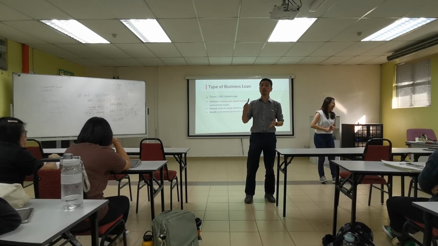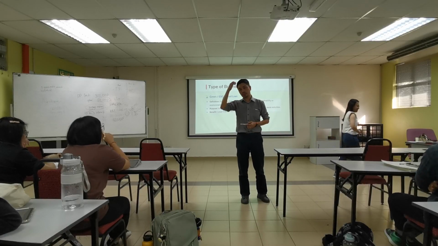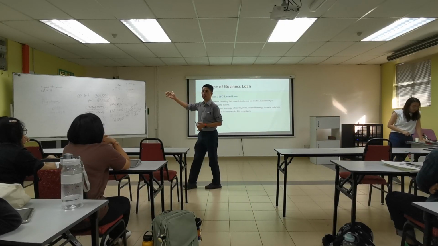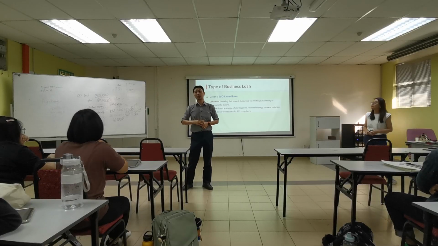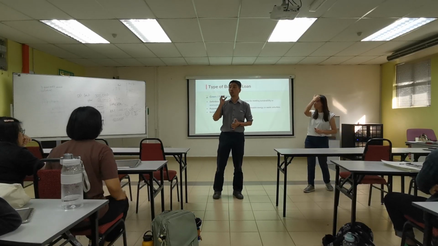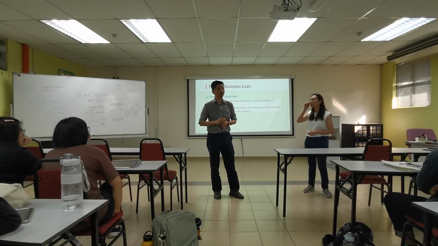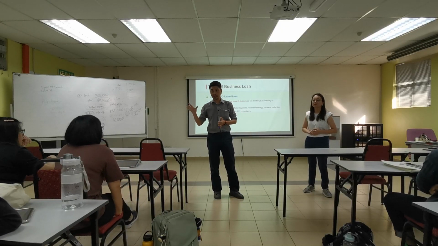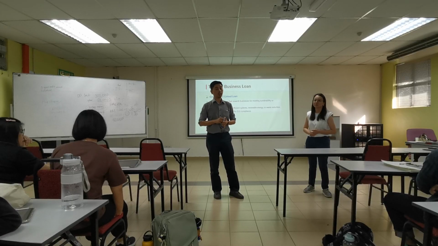Okay? So we go to something we call a financial institution. Like for example, just now, Miss Jia shared Agrobank. So Agrobank is one of the very good examples where they do only agro. The government asks them to fund agro businesses. Agro includes what?